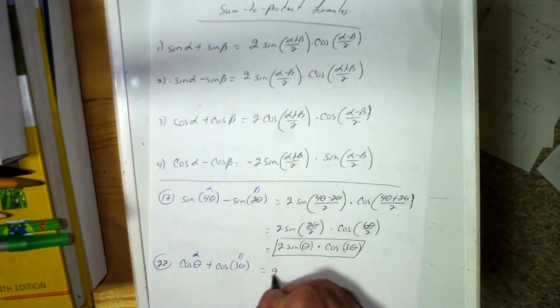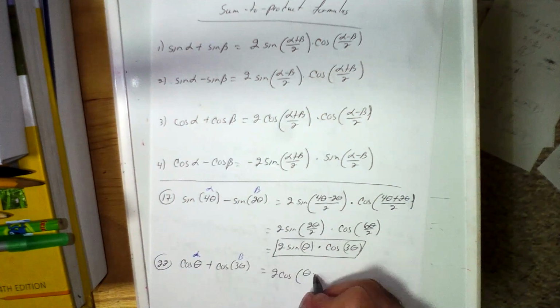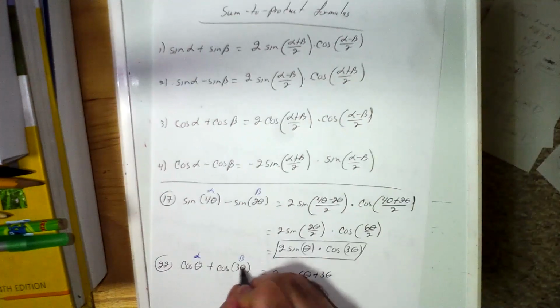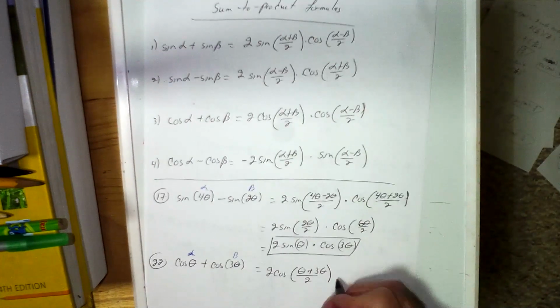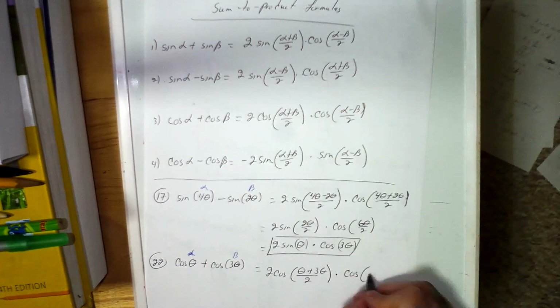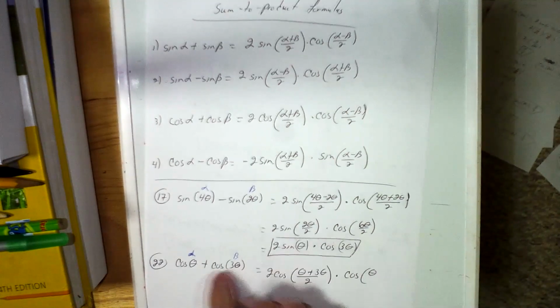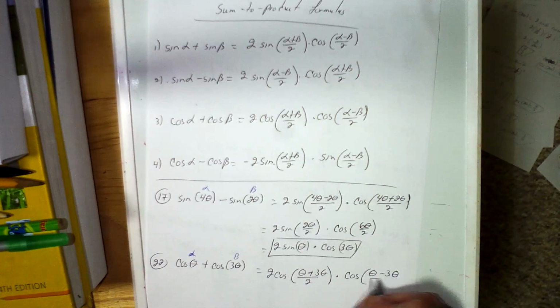So 2 cosine theta, there's my theta, plus 3 theta, that's my beta, over 2 times cosine theta minus beta, all divided by 2.